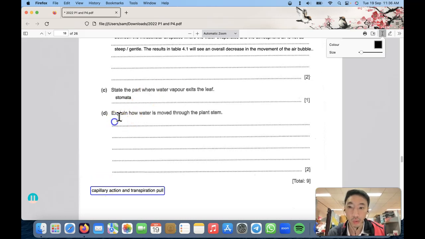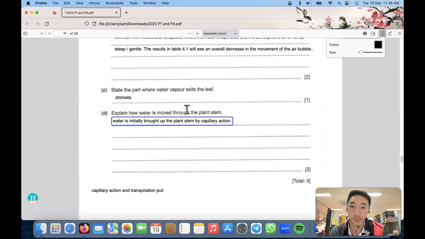Okay, so how does it move? Water is initially brought up the plant stem by capillary action.